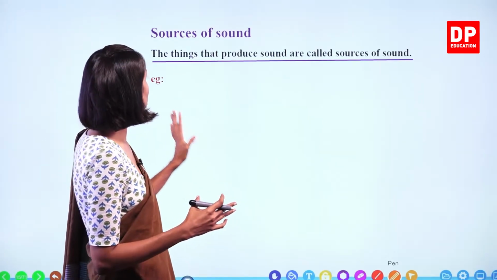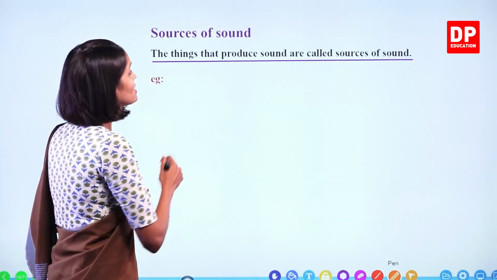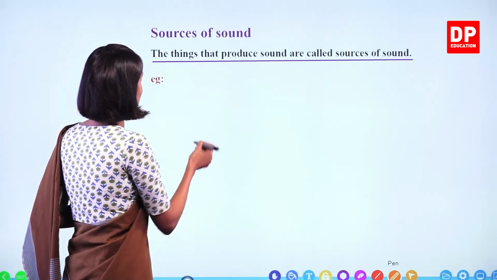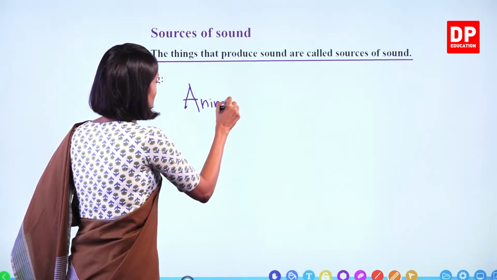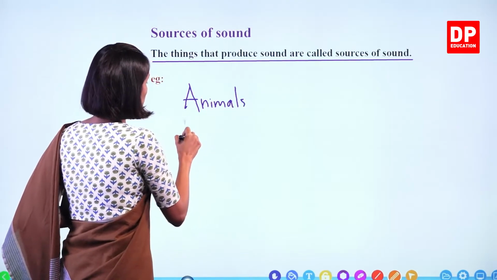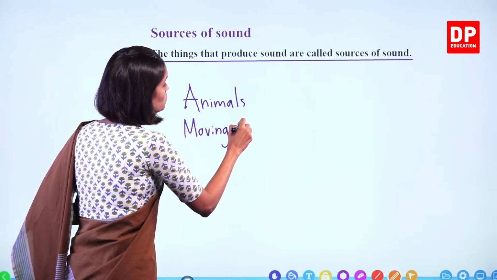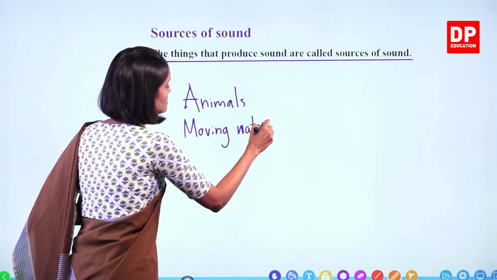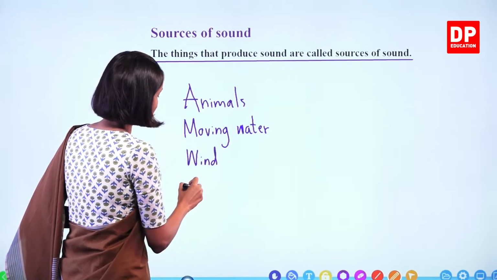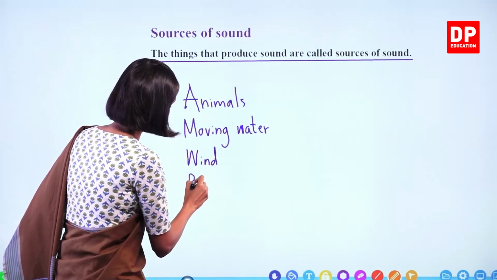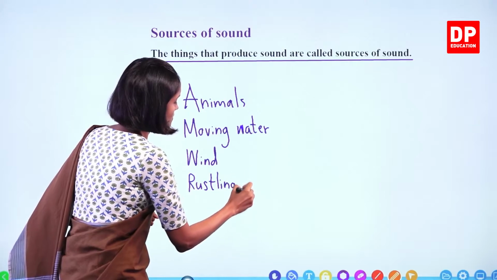We will write some examples, children. The things that produce sound are called sources of sound. Examples: animals, moving water, wind, rustling leaves.